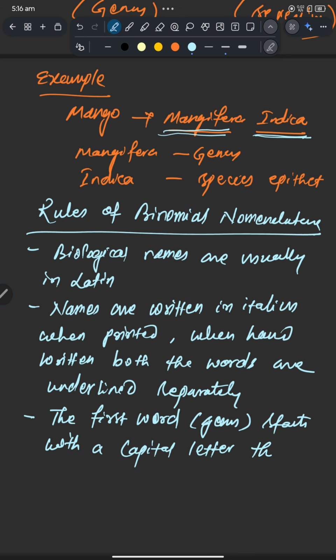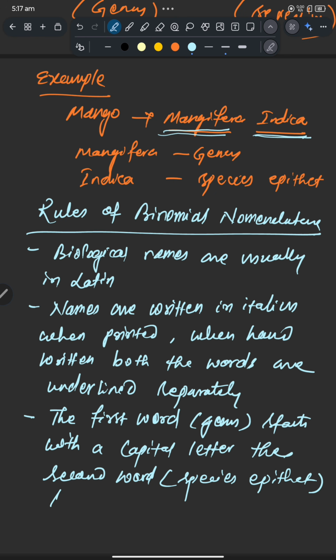Whereas the second word, that is the species epithet, starts with a small letter.